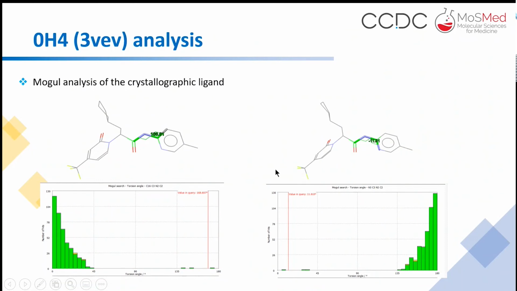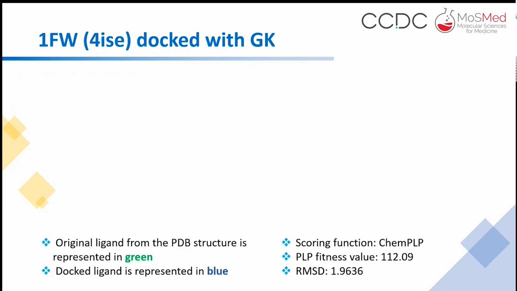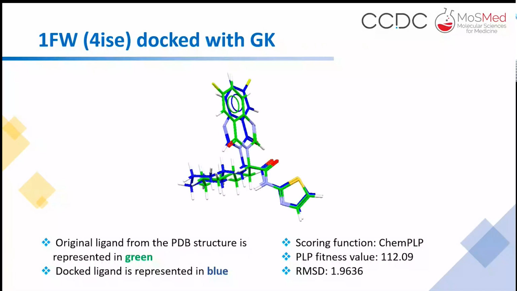That means the ligand was probably not assigned very well, and I was able to move on from it because the way I was optimizing my system, GOLD was doing a good job. I also docked the same for 4ISCE, which is the open conformation of the protein.